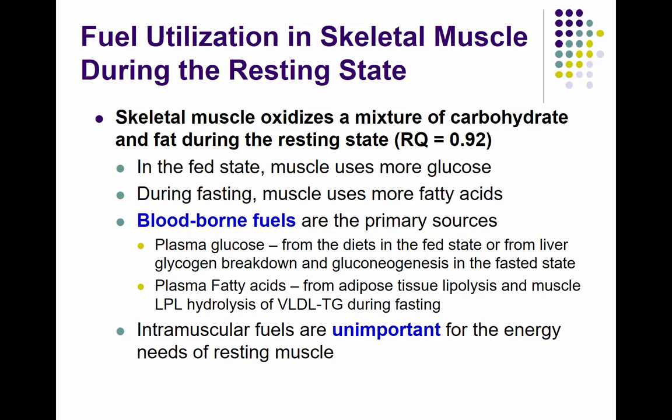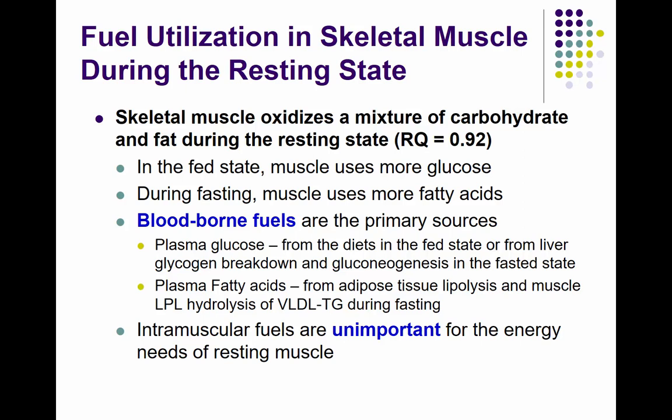So again, during the fasting condition, plasma fatty acids or blood fatty acids are the main sources of energy for the muscle.